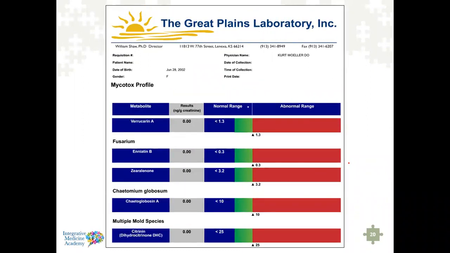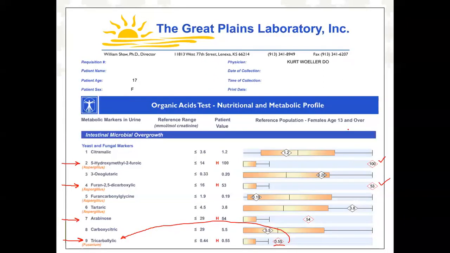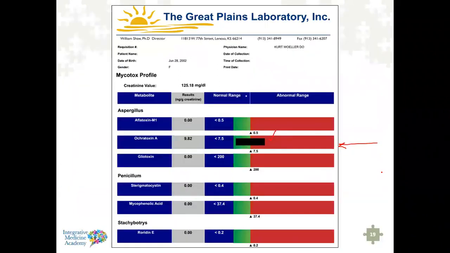So in this particular circumstance, it's not that the ochratoxin they have is a non-issue, it is an issue, but really what we've got is a colonization issue of the gut, which could be causing a lot of gut problems, but we don't have a massively burdened individual with mycotoxins.